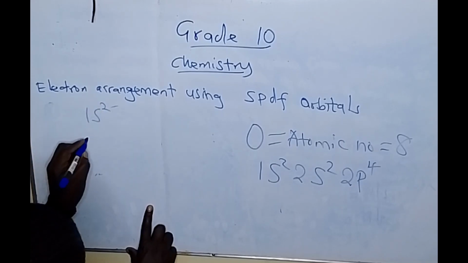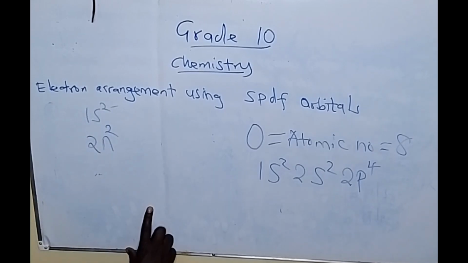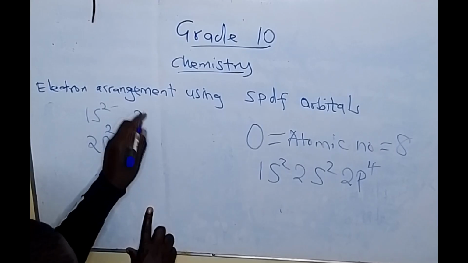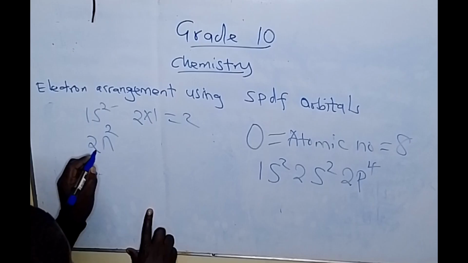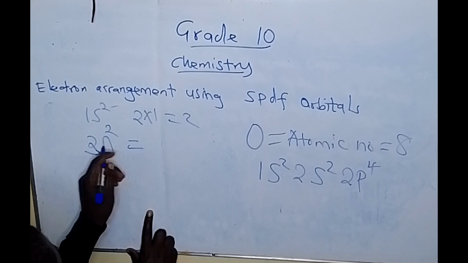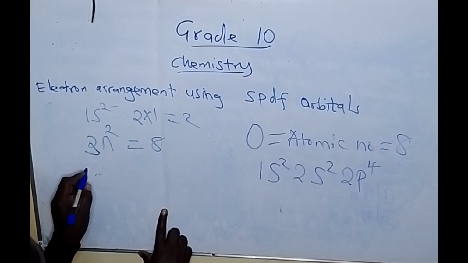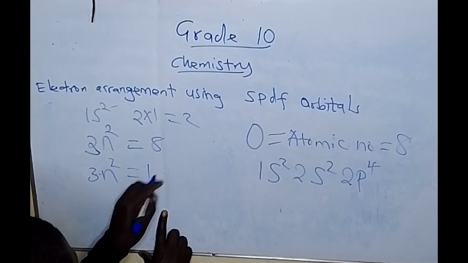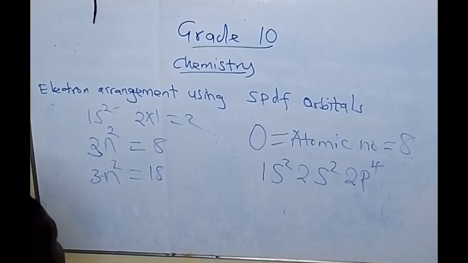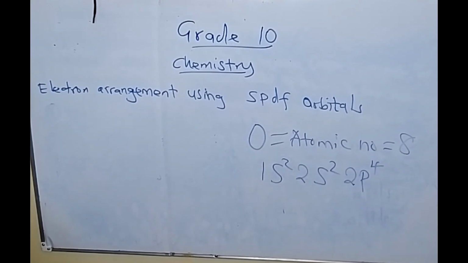We have the formula 2n squared. For n equals 1, it is 2 times 1, which is 2. When n is 2, how many electrons are there? 2 squared is 4, 4 times 2 is 8. When n equals 3, that is 18. Very good.